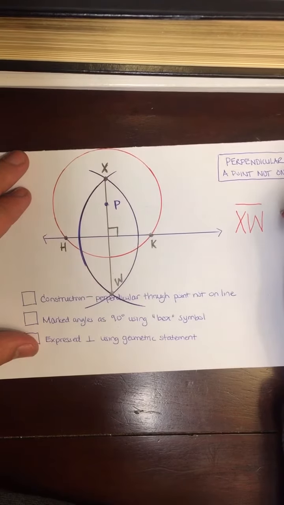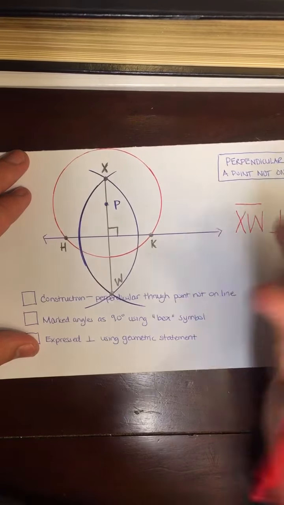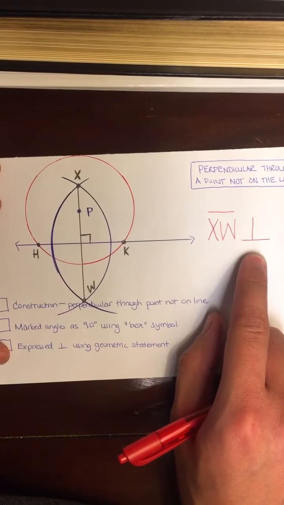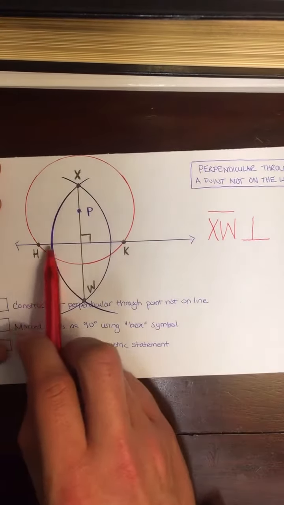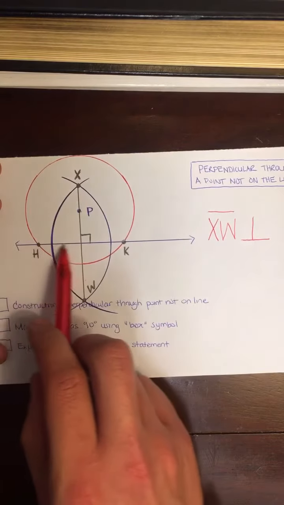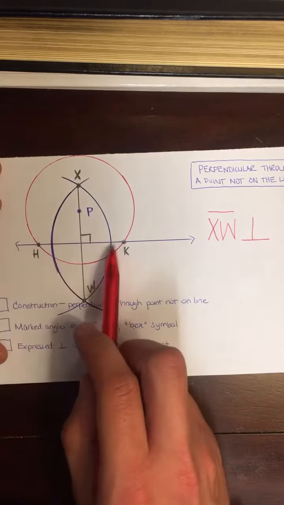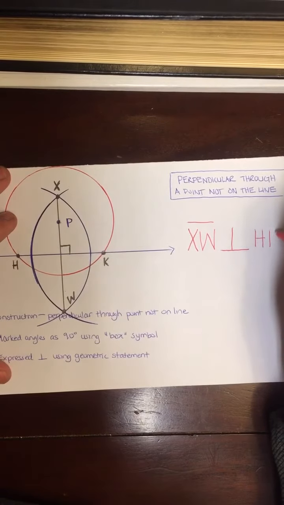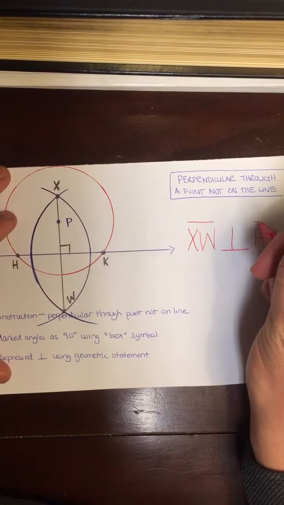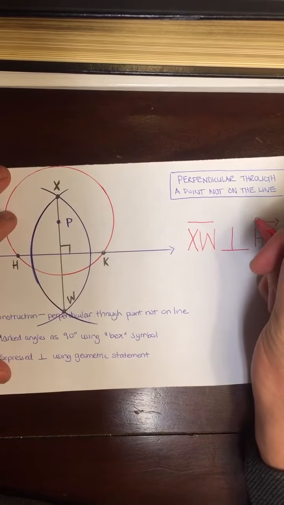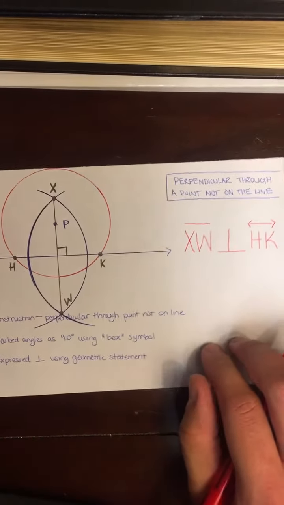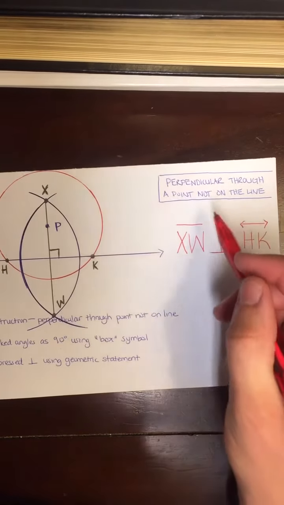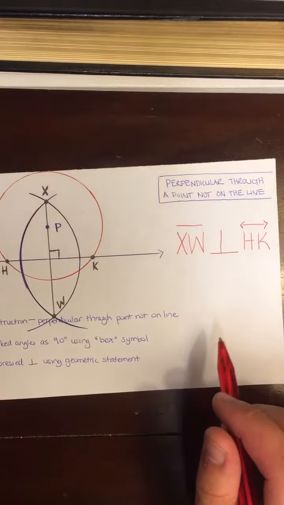That up and down line segment is perpendicular to, so again, I've used the perpendicular symbol, just an upside down T. That is perpendicular to my line that goes through points H and K. So line HK. And notice I use a different symbol. That line HK is a line. It's not a line segment, so I indicate that it goes on forever in both directions. So I've created my geometric sentence.